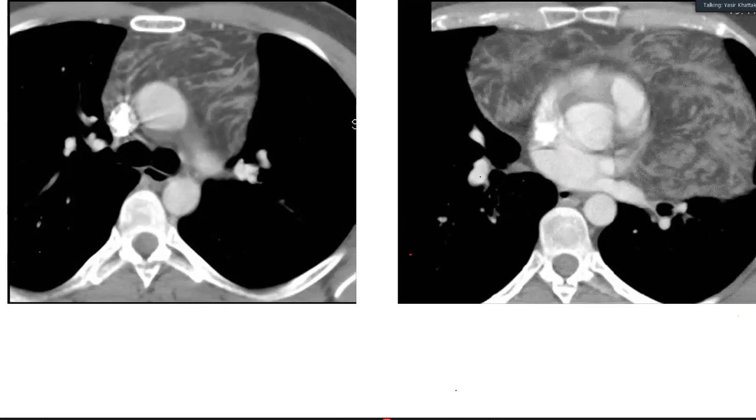If you have this CT scan in the exam, the differential diagnosis would be lipoma, mediastinal lipomatosis, or teratoma. Now, lipoma will be well circumscribed. You will not see soft tissue components, or less likely to see them.